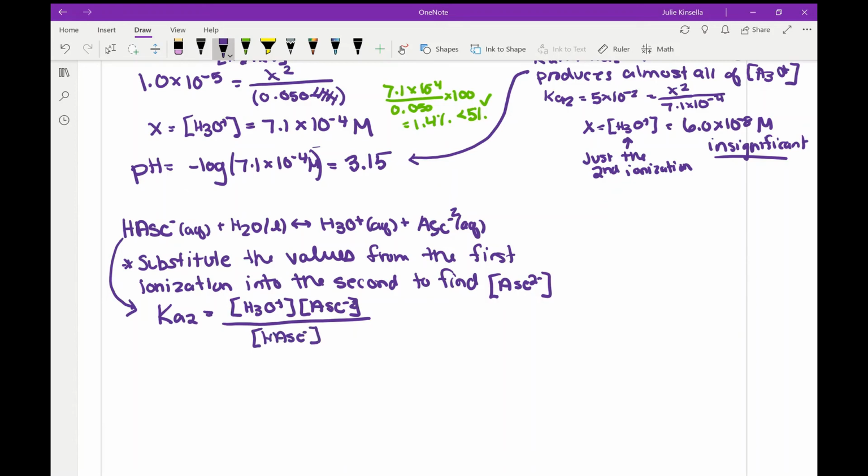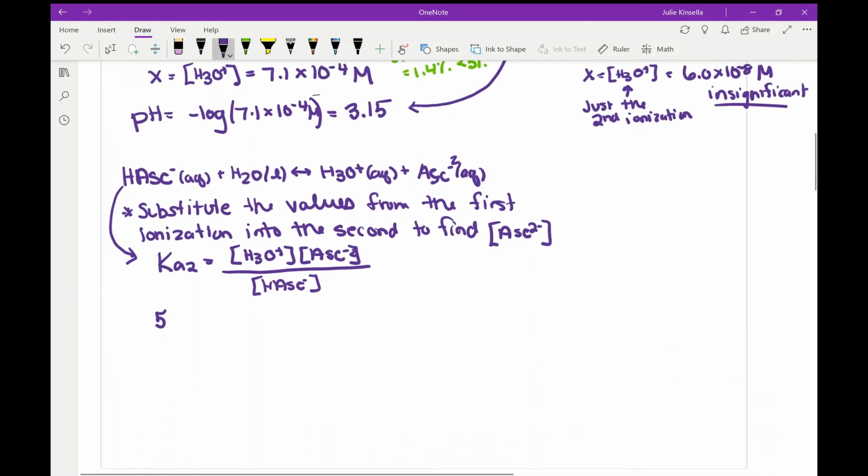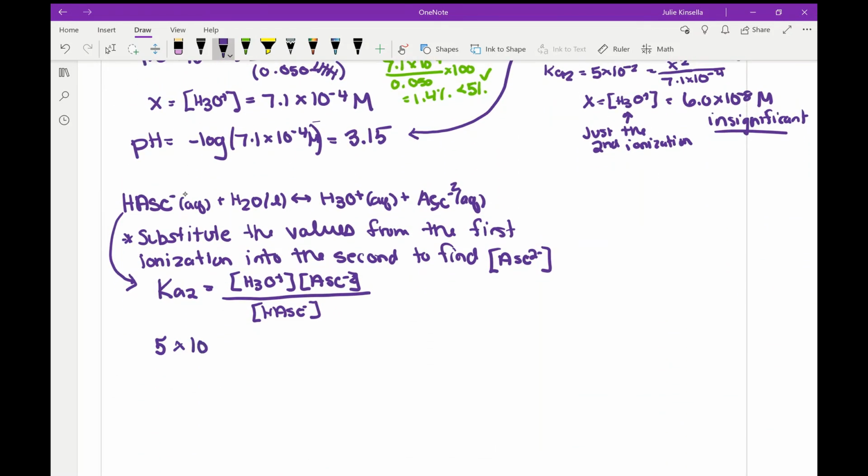So I'm just using that expression to get my Ka set up for the second ionization. Using the information given to us in the original problem, it gave us, I just want to check that I wrote this down right, 5 times 10 to the negative 12. In this piece here, we're going to fill in hydronium from the previous piece that we already calculated. So 7.1 times 10 to the negative 4, because again, the significant amount of hydronium is from that first ionization that's present in solution.